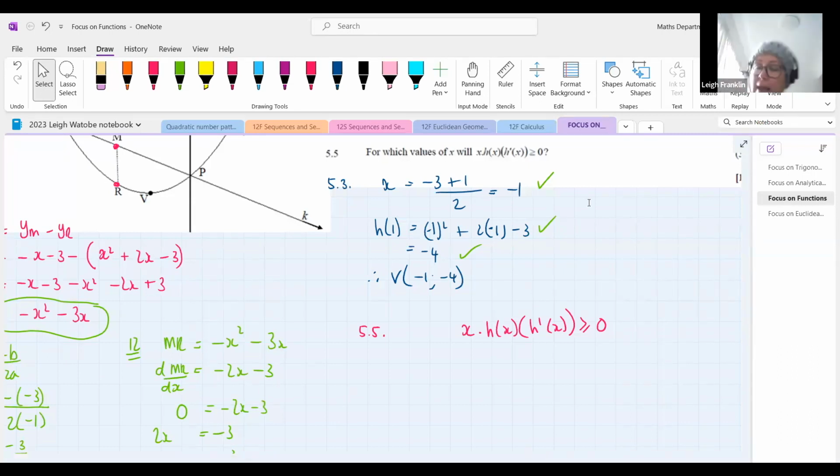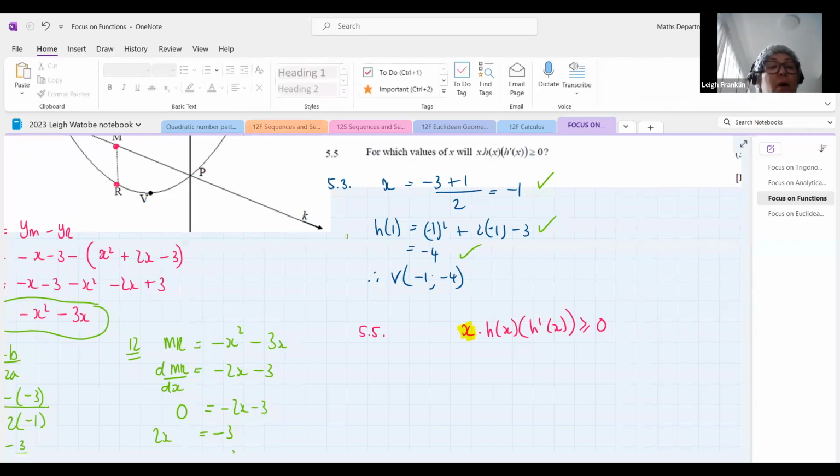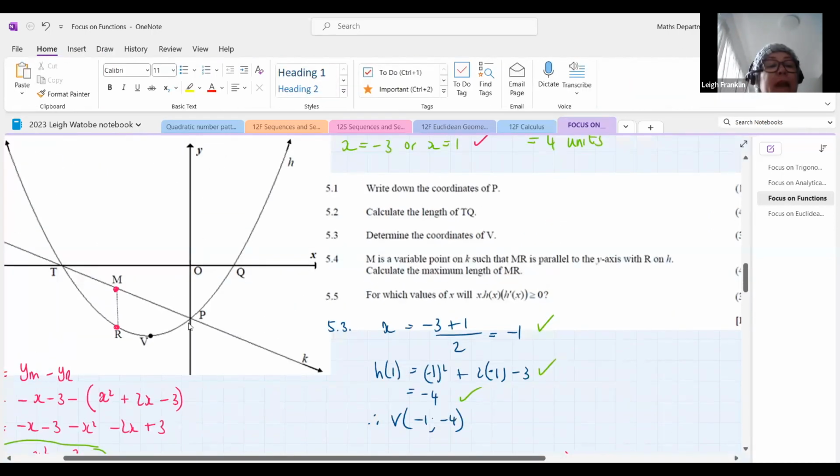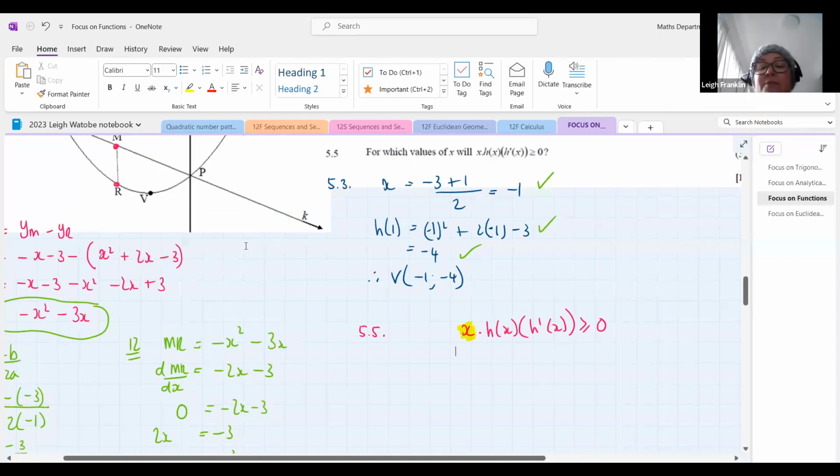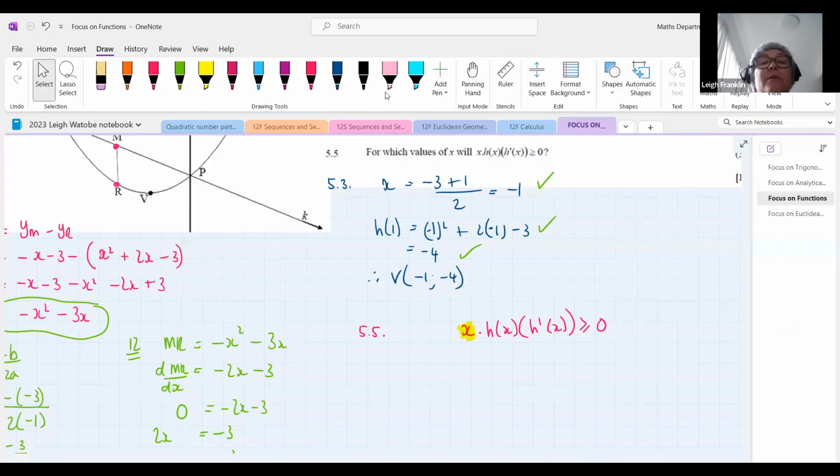So here, when they talk about x, they're talking about either to the left of the y-axis or to the right of y-axis. So where your x coordinates, is x positive or is x negative? When they talk about h of x, they're talking about y again. Right, so either above the x-axis or below the x-axis.